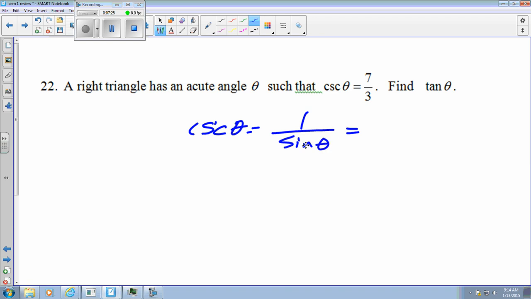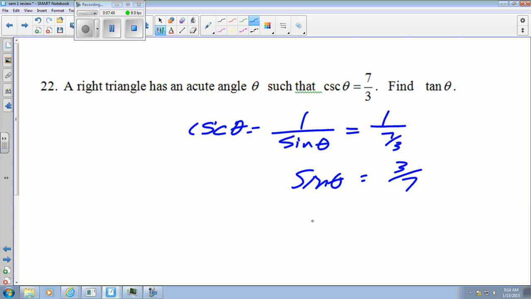And so I would say that my sine would be 1 over the 7/3. So we would have the sine of theta would be 3/7.